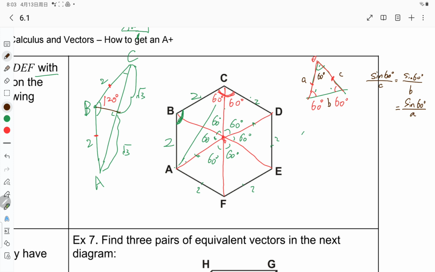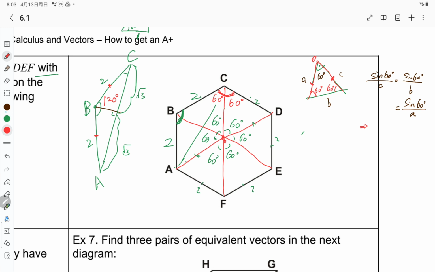And then as you see, because the three angles are the same, they're all 60 degrees, and because the angles are the same, the sides are the same, right?